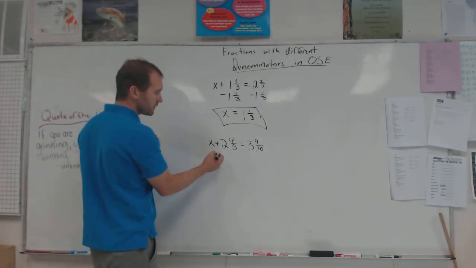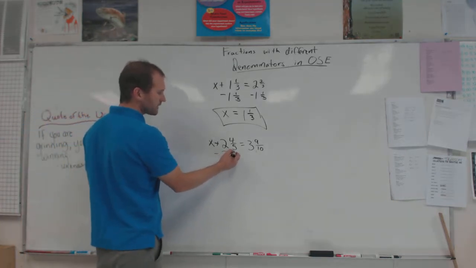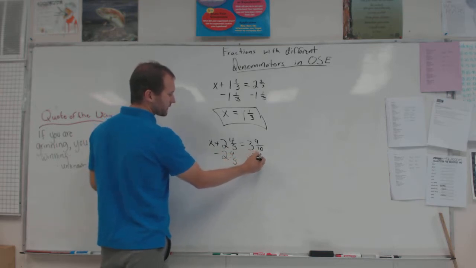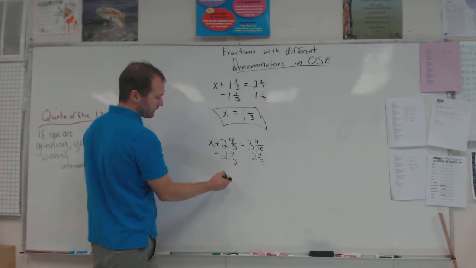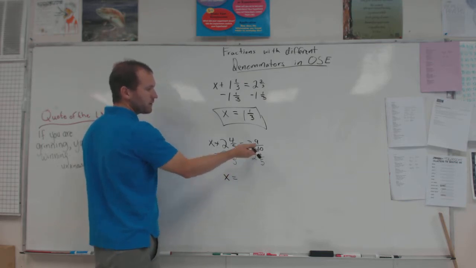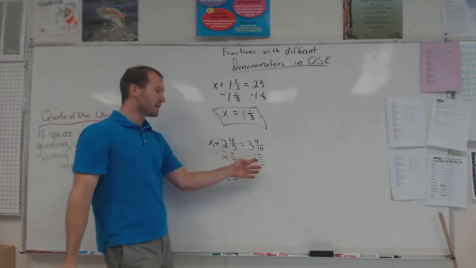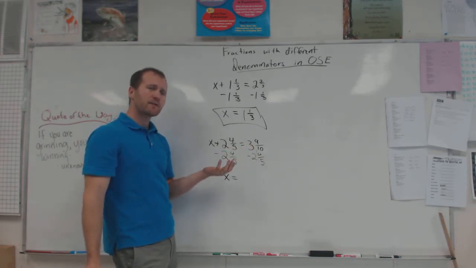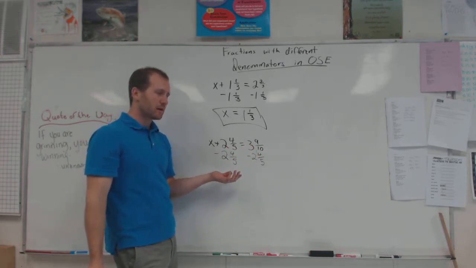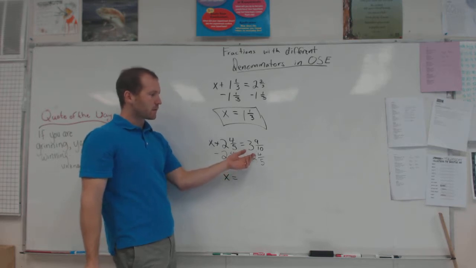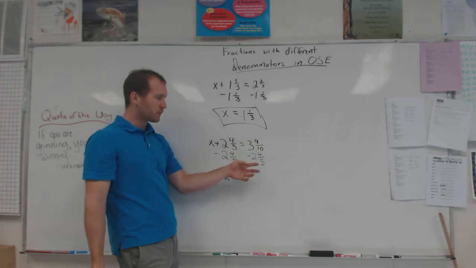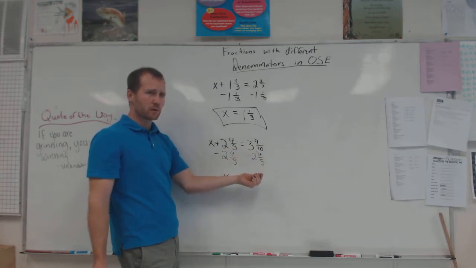Okay, you guys still know this first step. Subtract 2 4/5. Leaving x alone. But now when we go to subtract this, we can't take 4/5 away from 9/10. So we have to get a common denominator. We have to ask ourselves, how many tenths is 4/5? Or we might have to change both of them to a new denominator.